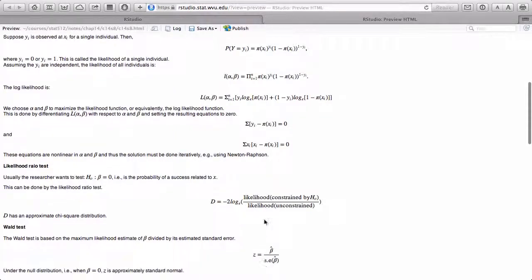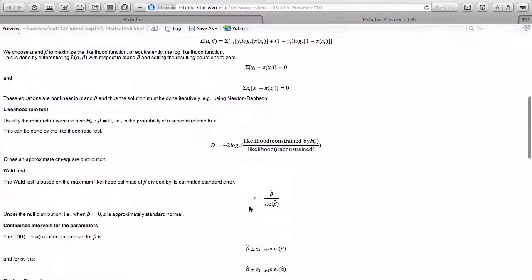So the test statistic is D, which has an approximate chi-square distribution. And it only has 1 degree of freedom, since I'm only talking about one parameter difference. So that's going to be our test statistic. Now there's another type of test called the Wald test. That simply takes the maximum likelihood estimate and gets the standard error of the maximum likelihood estimate.